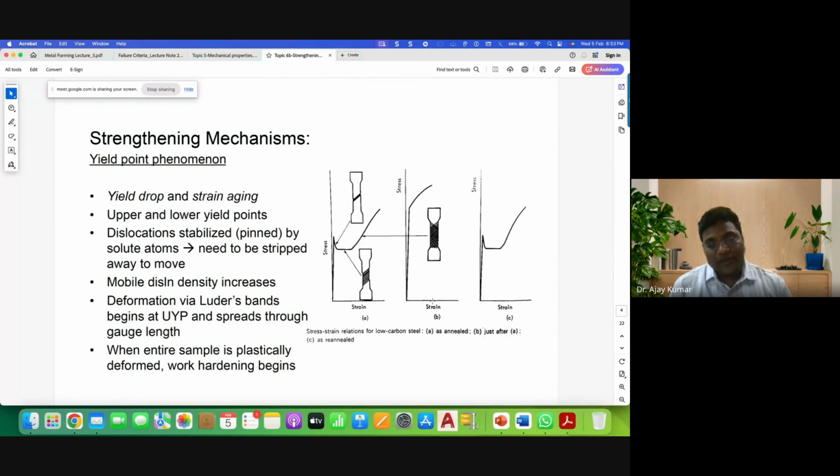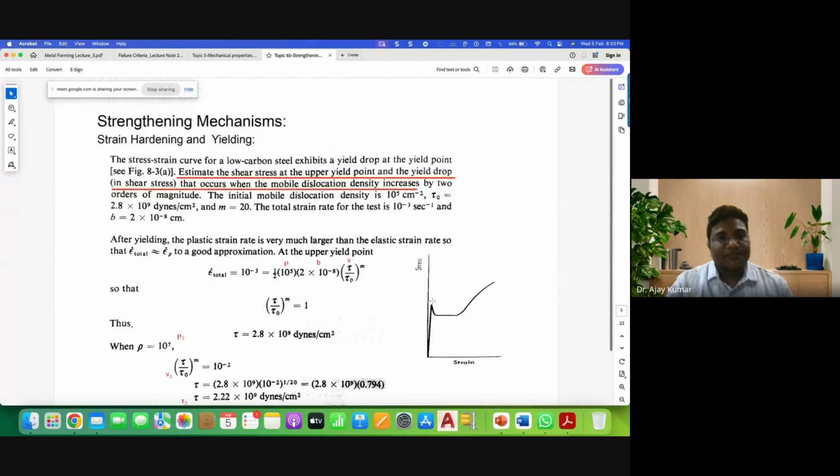That is how you can identify them. One is strain hardening and yielding, where I mentioned that when you have strain hardening in the material, you will have dislocation entanglement. When a lot of dislocations move together, they entangle, and then you have to apply more force for the deformation.